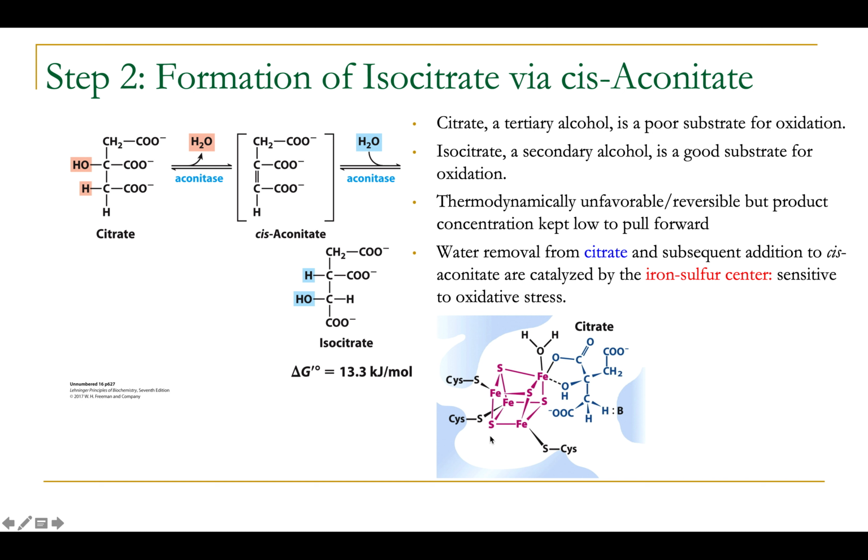And an interesting fact is that besides catalyzing this isomerization, aconitase also has a moonlighting function in iron homeostasis.